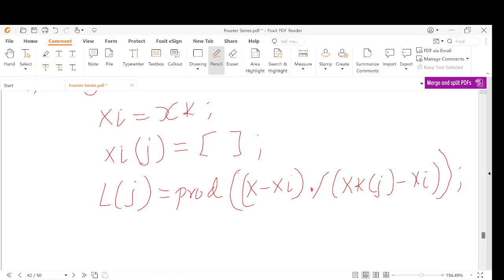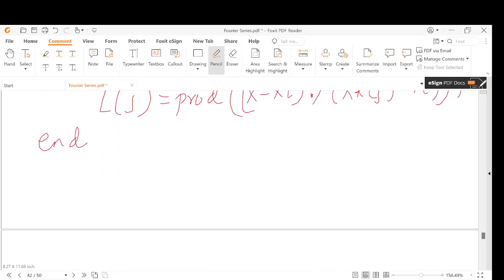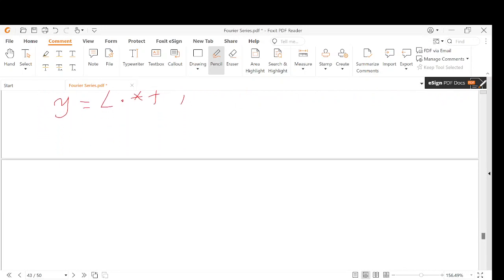We can constrain the output, then we add. Then we compute y. y is equal to L dot times f. And then we can print the output using the fprintf function.